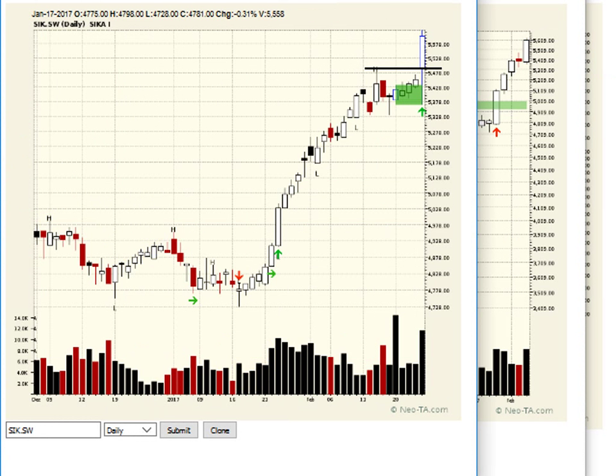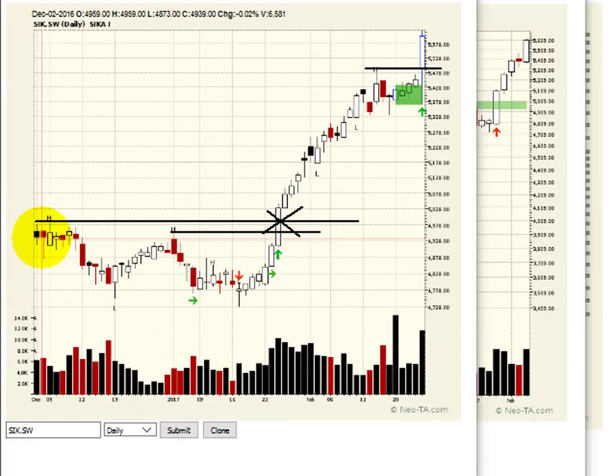Come back to this. Let me show you something else. See these swing point highs that are kind of congruent together? When this broke out here, that was a signal of some serious strength. Let's see what that price point was. December, not December, that's not what I want. I want the price point 4953.